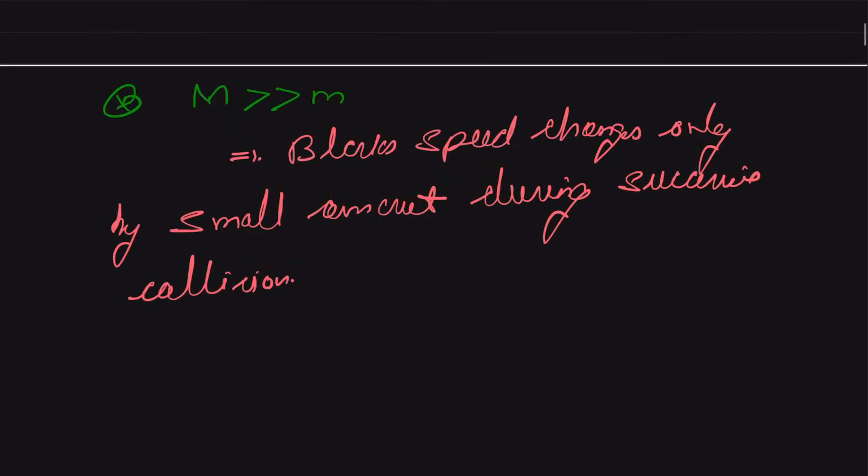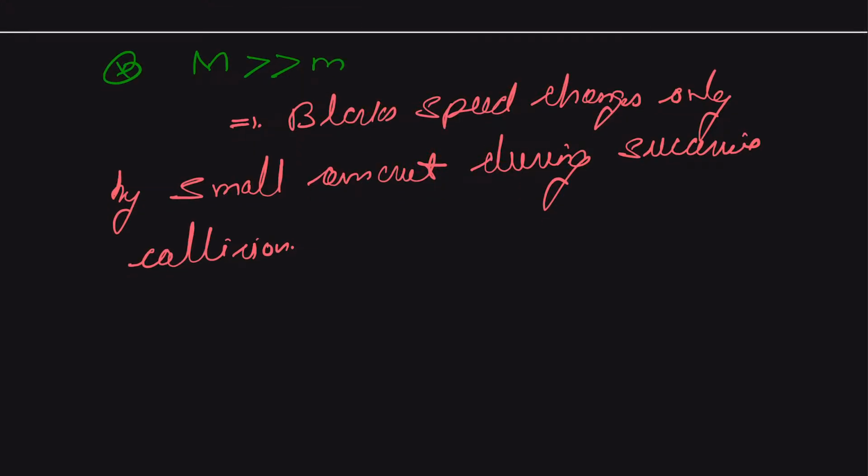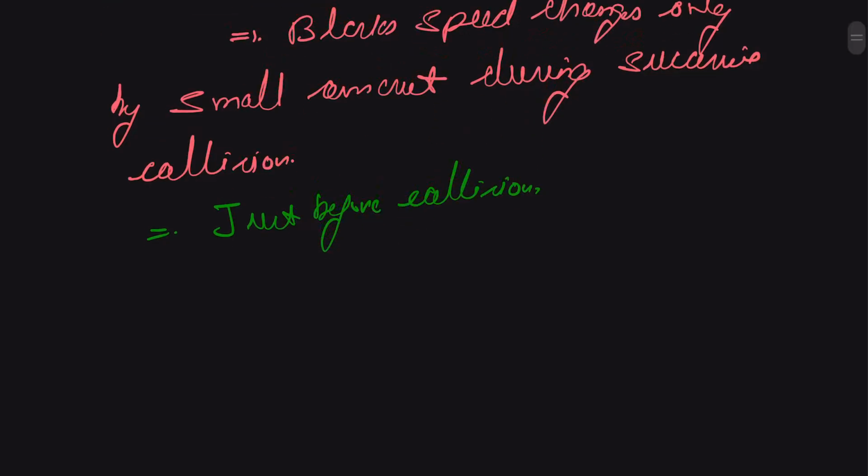So it means that just before collision, the velocity of our block is v of n, and for our ball it is minus v of n.